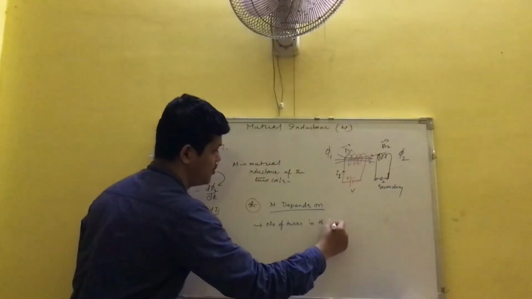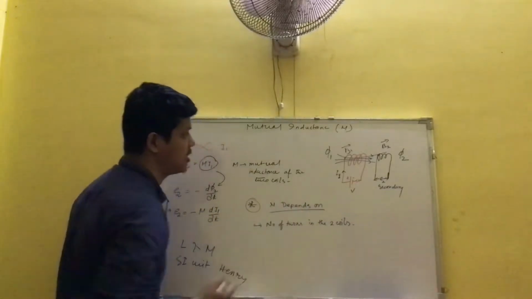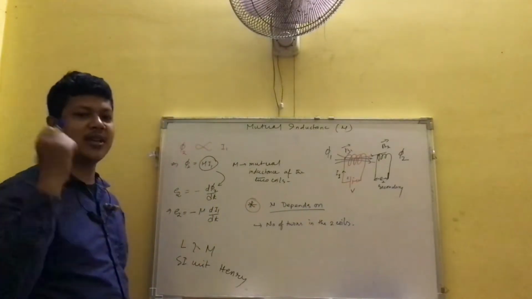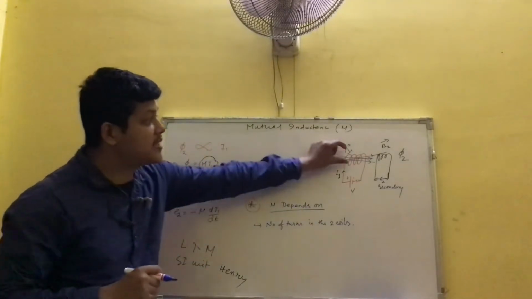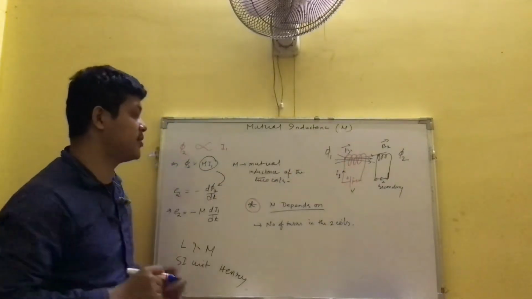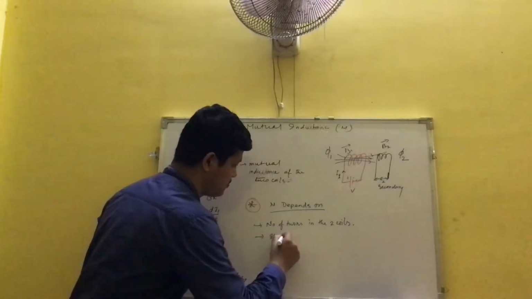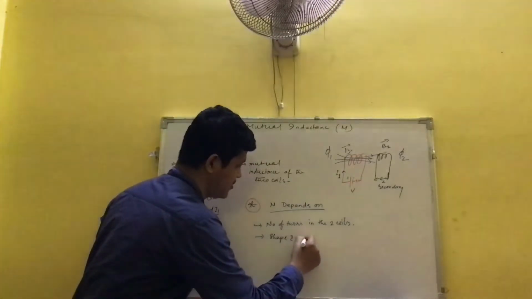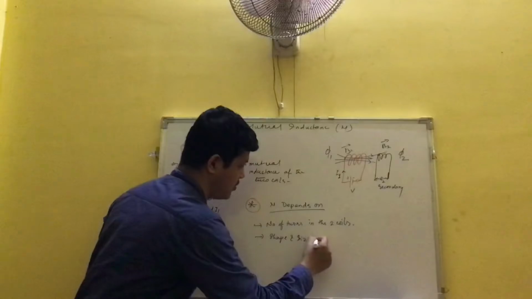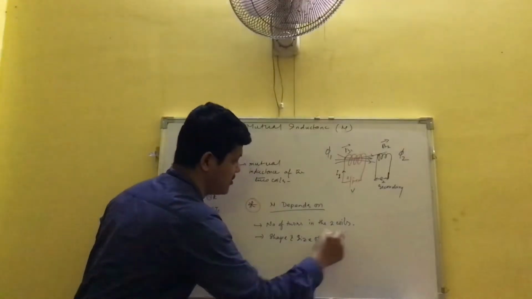In the two coils, right? Then what is the next? Shape and size also does matter in this case. Shape and size of the coils, right?